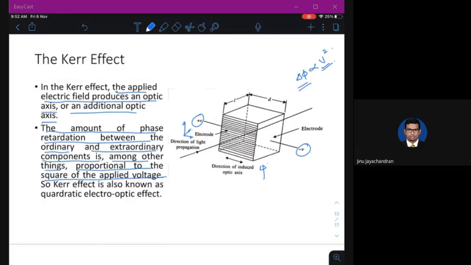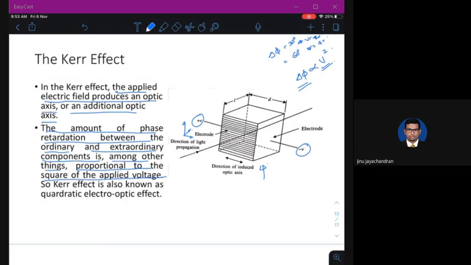Okay, so if we say that delta phi is equal to, let's say, 30 degree at voltage equal to 2 volt, then the delta phi will be like 60 degree at voltage equal to 4 volt, meaning proportional. So if voltage increases, it is proportional to V square.